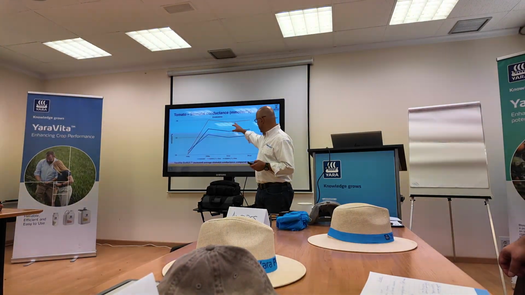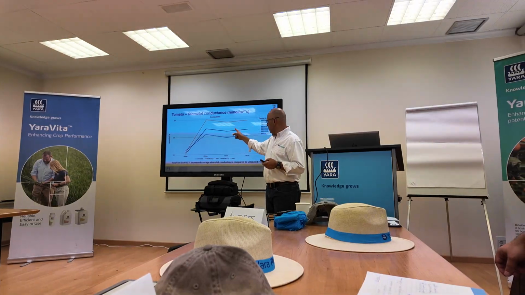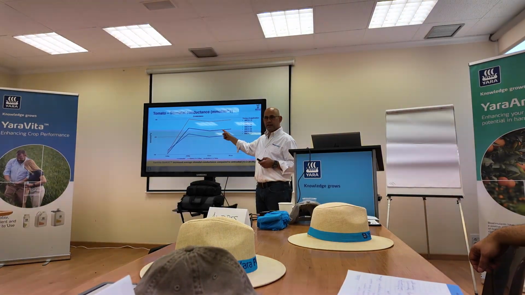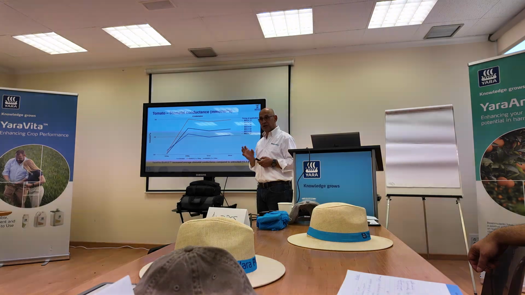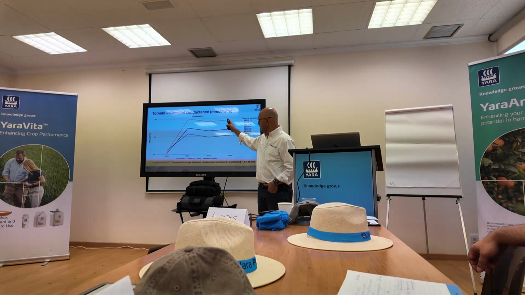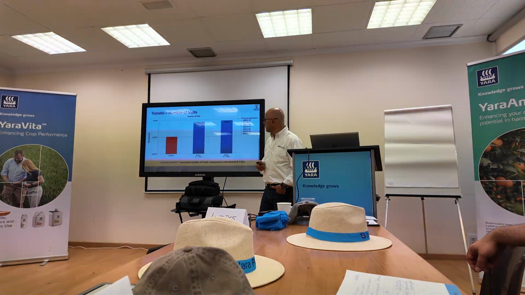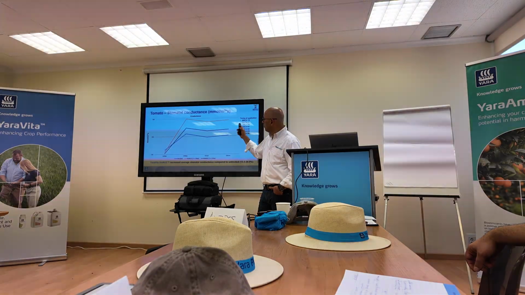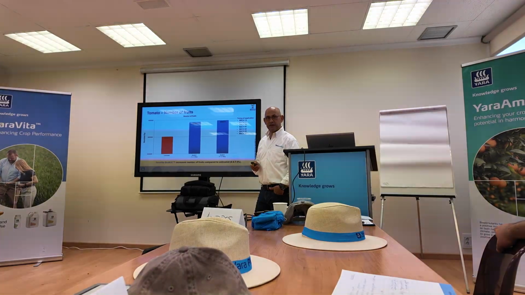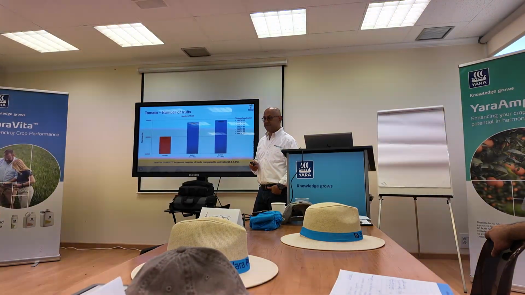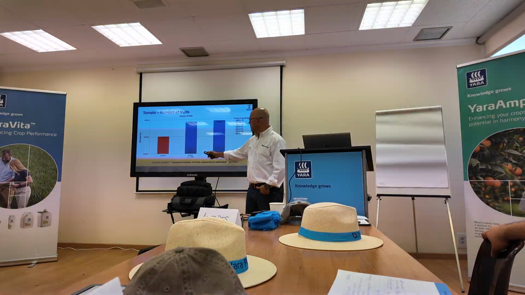So what you will see here is that the higher rate is not always the most recommended one, and this is very interesting with biostimulants. This is why we need to be really accurate with the rates of application. You see that 1 liter was very important there, not only for getting the right transpiration of the plant, remember, the transpiration comes from the root system, but also for production.